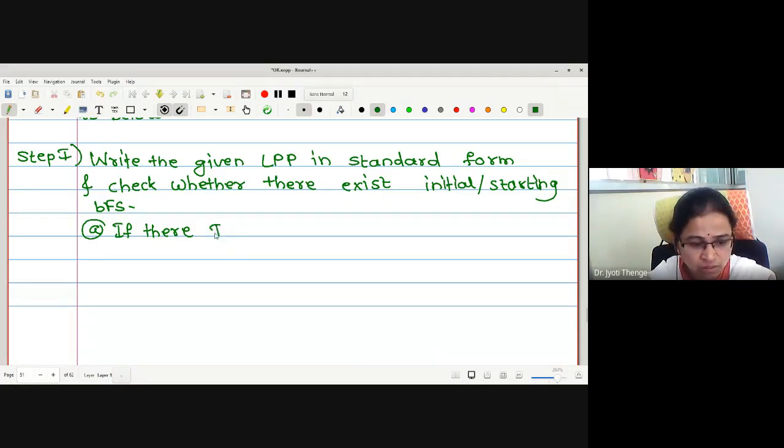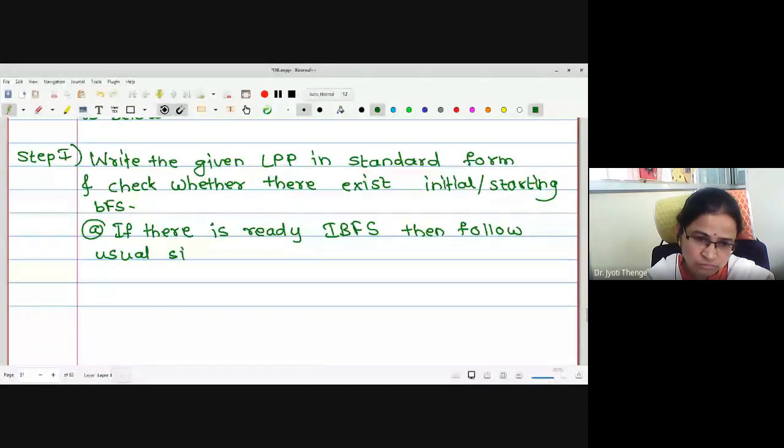If there is already an IBFS, then follow the usual simplex method. There is no trouble in this case. The trouble is only if we are unable to get the IBFS.